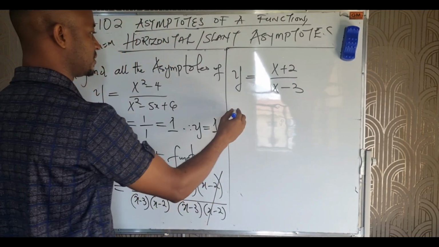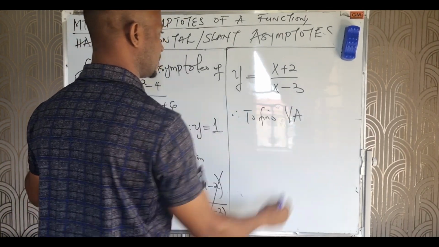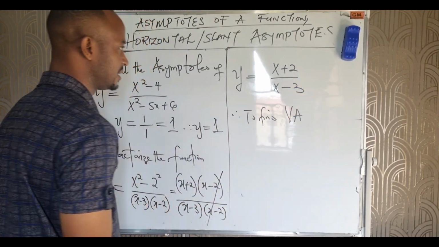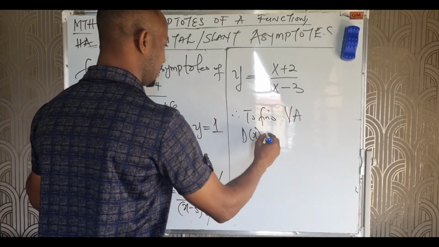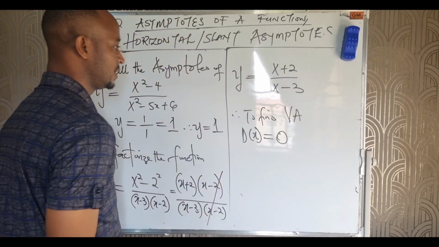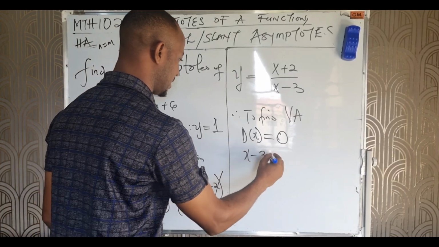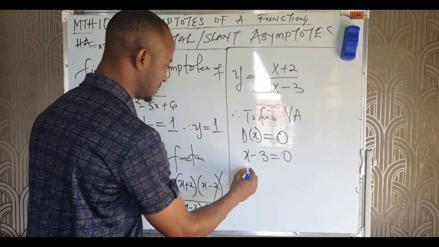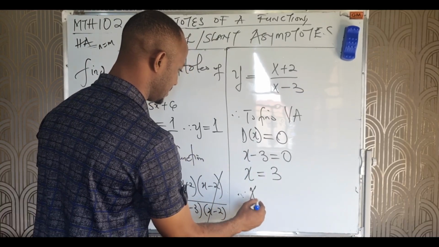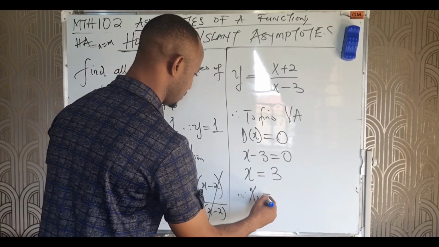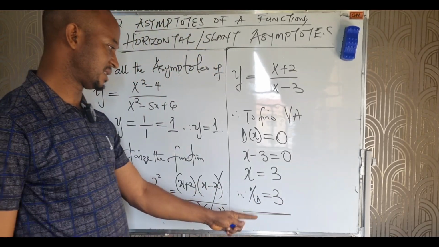Now to find the vertical asymptote, I can set our denominator equal to 0. When you set your denominator equal to 0, that will give us s minus 3 equals 0, right? So let's see what will be the value of s. s becomes 3. Therefore, the vertical asymptote occurs at s equals 3.